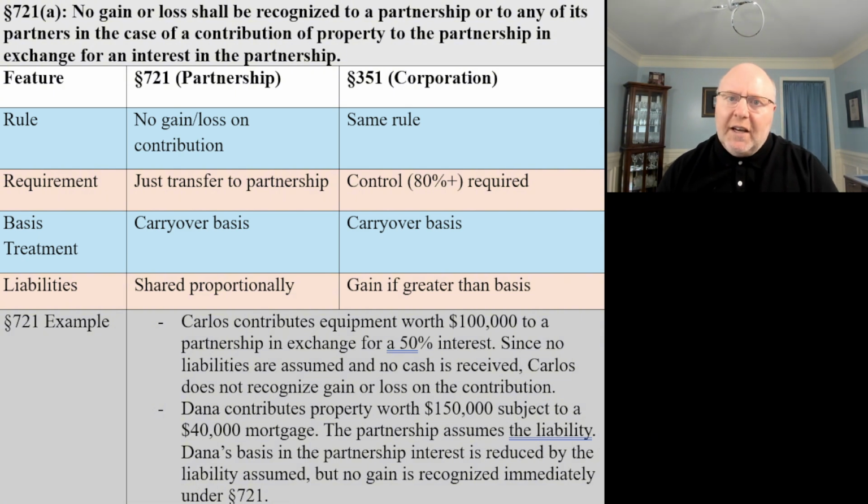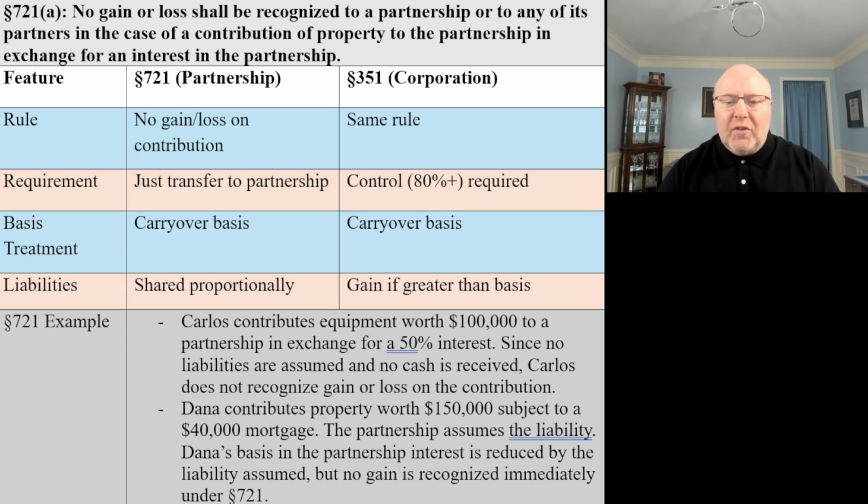Let's look at the second example. Dana contributes property worth $150,000 subject to a $40,000 mortgage. Now we've got a mortgage associated with this, and the partnership assumes the liability. Dana's basis in the partnership interest is reduced by the liability assumed, but no gain is recognized immediately under 721.